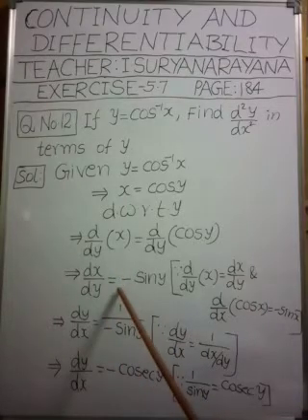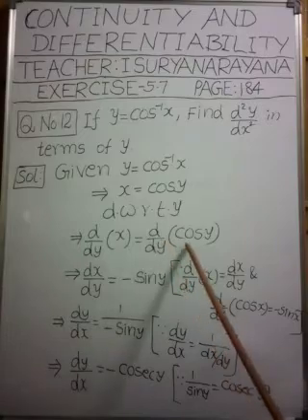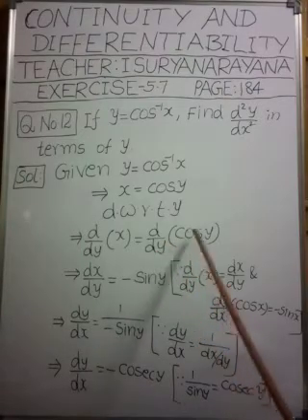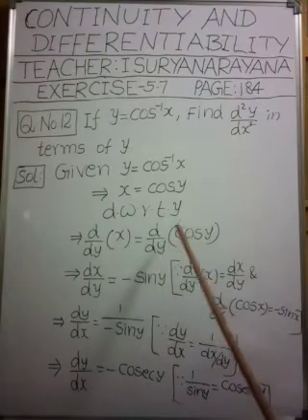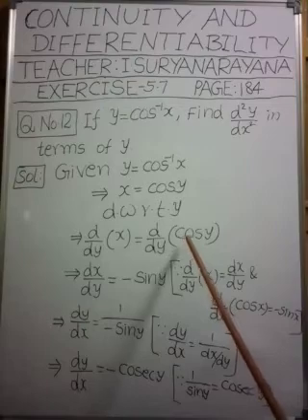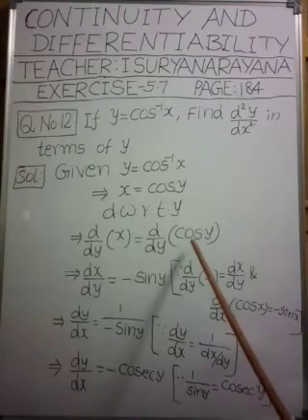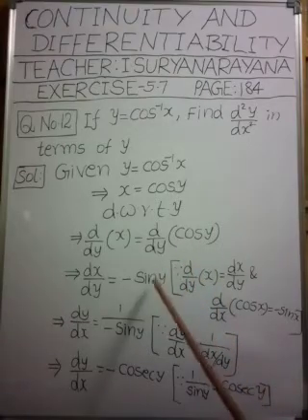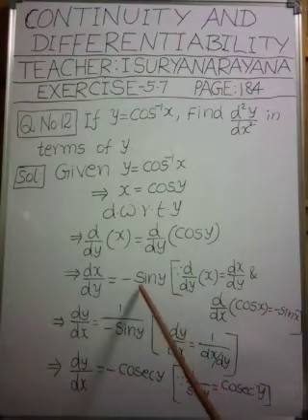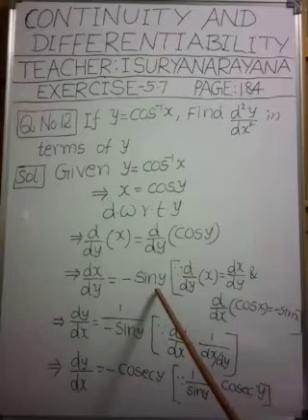Right. That is equal to d by dy of cos y. This is the standard formula. D by dy of cos y is in the form of d by dx of cos x. What is the value of d by dx of cos x? Right, minus sin x. So, minus sin y because the variable is y. So, minus sin y. Understood this RHS part, my children? Right.